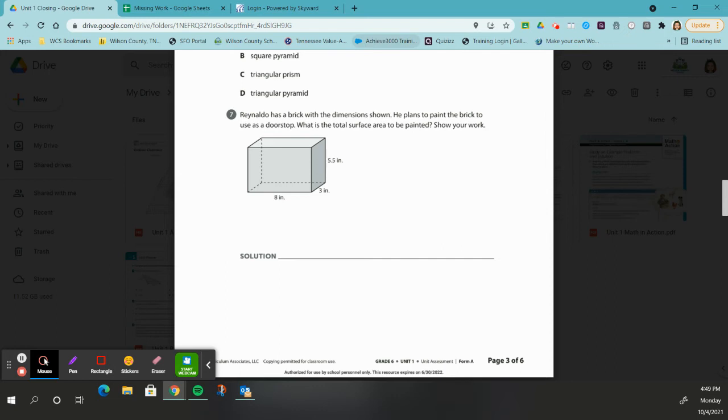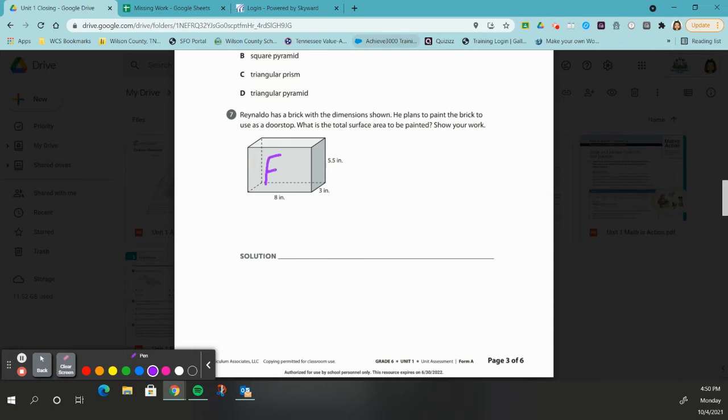Number 7 is surface area. So surface area is where we are going to find the area of each surface. So 3-dimensional objects, they have more than one surface. They have more than one face. So this particular 3-dimensional object, let's call this the front. Okay, so we have the front of our shape, and on the front of our shape, we have a rectangle.